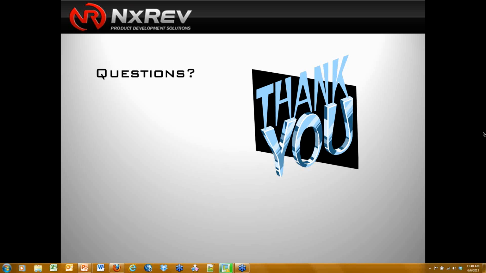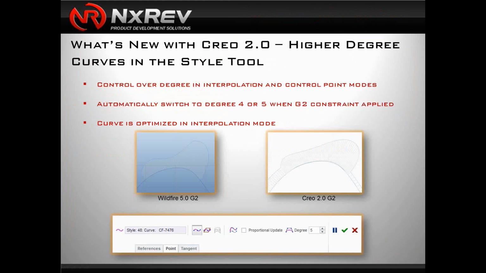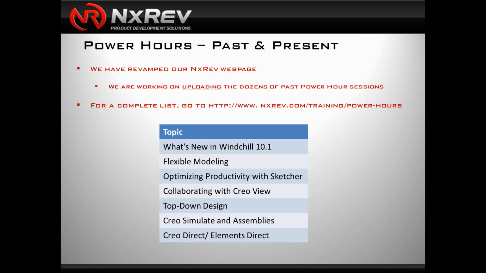We are going to have a power hour specifically on converting objects from solid to sheet metal coming up. So please keep your eyes posted on our webpage, which in fact I'll show you. Let me scroll back up there real fast so you can see what the power hour webpage is. Okay, it is under nextrev.com/training/power-hours.